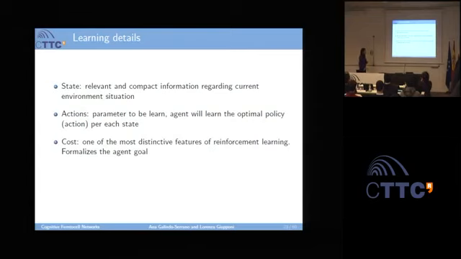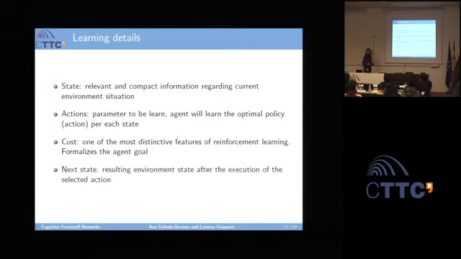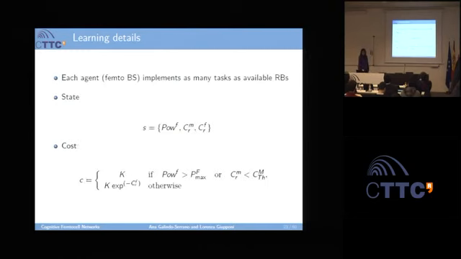Then the cost function is one of the most important characteristics in reinforcement learning algorithms, because it has to tell the agent what its goal is. So we have to correctly relate the state characterization and the actions the agent can take with this cost. And finally, we have the next state, which is the resulting environment state after the execution of the action.